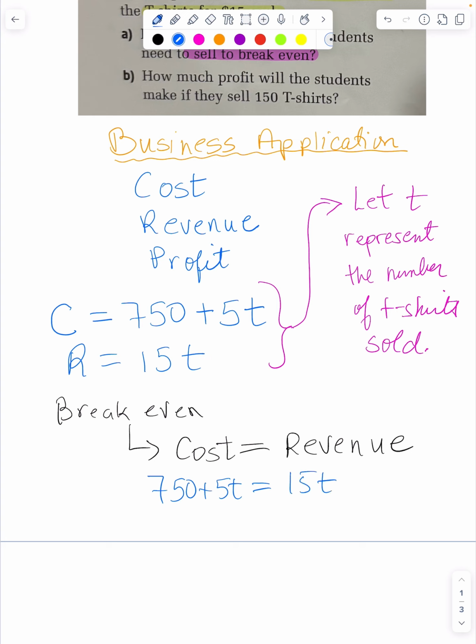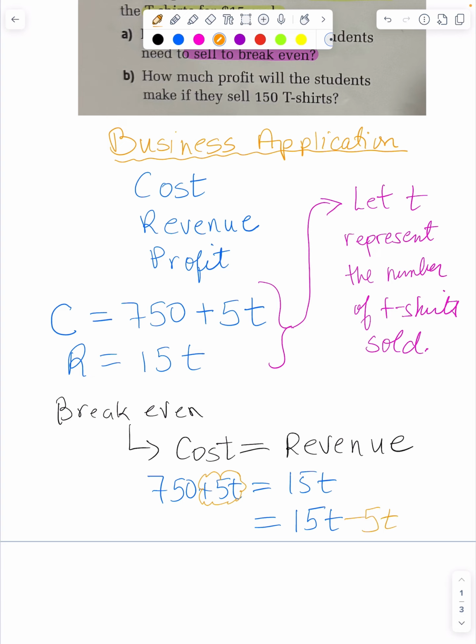So in this situation, I'm going to leave the equal sign in the middle. I'm going to collect all the variables on one side and all the numbers on the other side. I'm going to choose to collect all the variables on the right-hand side. So with this 15t, I'm going to subtract 5t from both sides of the equation.